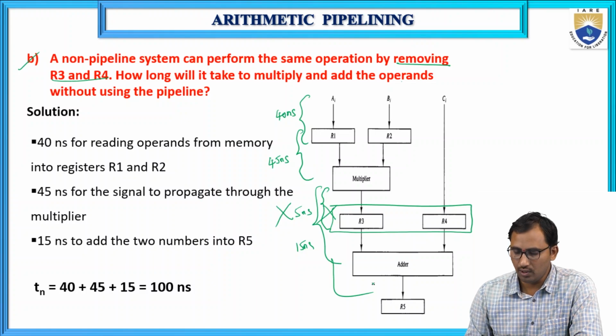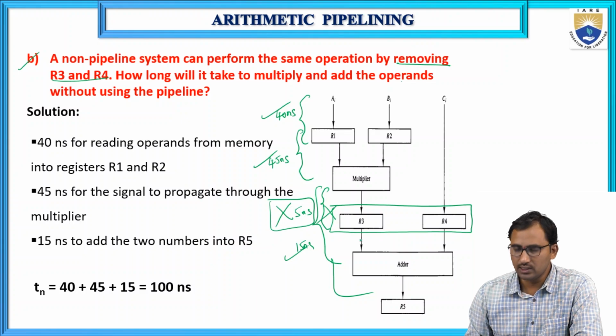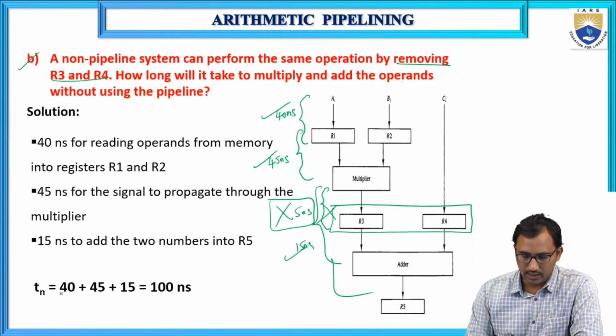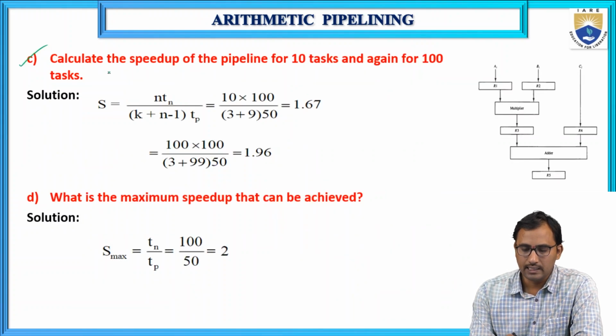So we add 40 nanoseconds, 45 nanoseconds and 15 nanoseconds, without the 5 nanoseconds because we have removed R3 and R4. So the total time required under the non-pipeline technique is 40 plus 45 plus 15, a total of 100 nanoseconds. And coming to the third one, calculate the speedup of the pipelining for 10 tasks and 100 tasks.